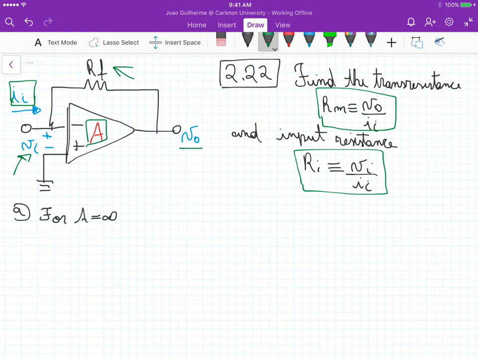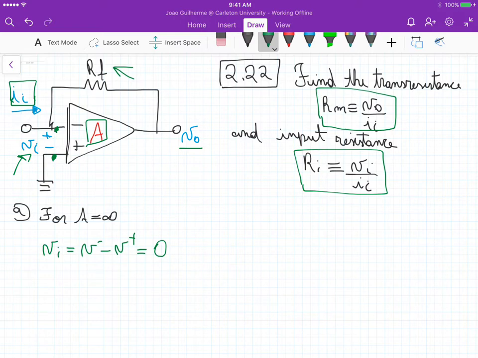Now, if this A is infinite, we know that Vi is equal to V minus V plus, that is equal to 0, right? There's no potential difference, because this one here is grounded, the potential here is also 0, right?